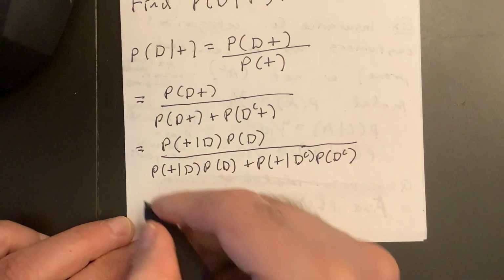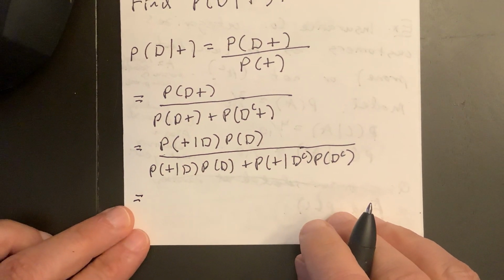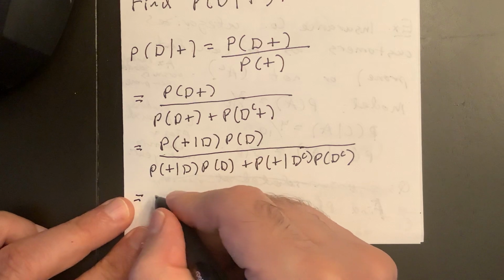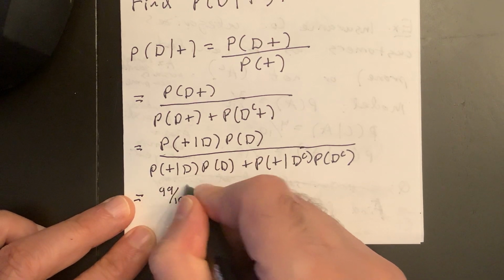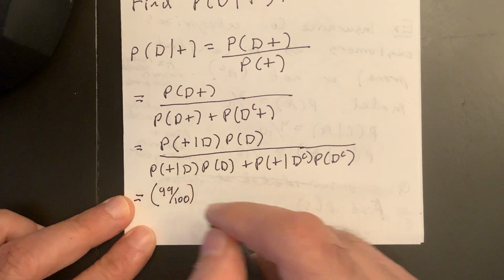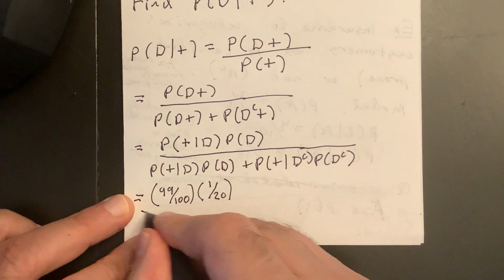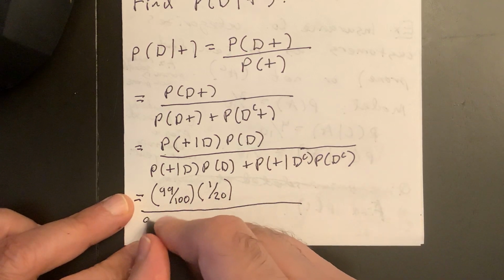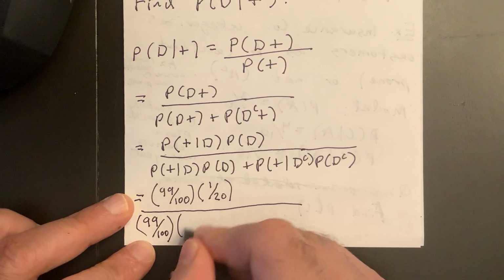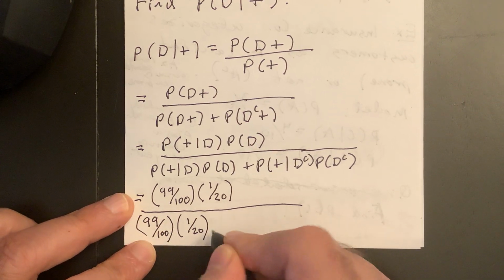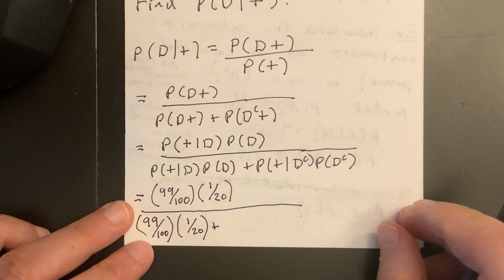Which equals, these are all now direct from the problem. Probability of a positive test given the disease we said was 99 out of 100. So we have 99 out of 100. Probability of having the disease was 1 in 20. Plus the other way. What's the probability of a plus given you don't have the disease?